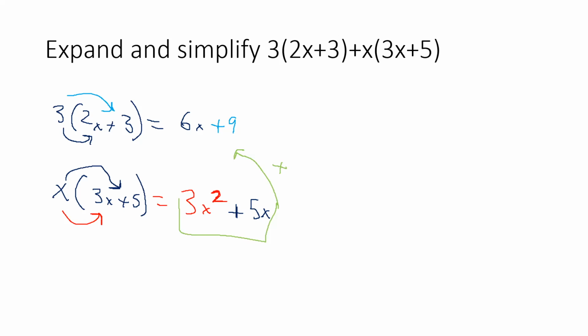So we have a 6x, we have a plus 9, we have a plus 3x squared, and we have a plus 5x. Now remember what I said earlier. We can't add x squared terms to non-x's. It just doesn't work like that.